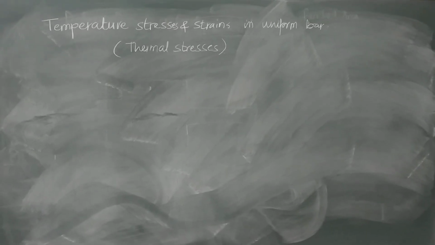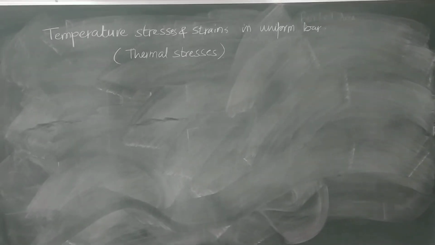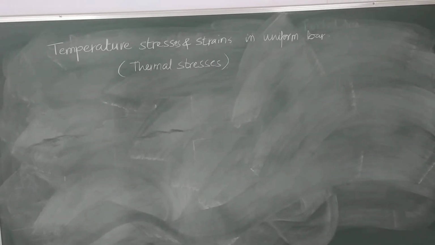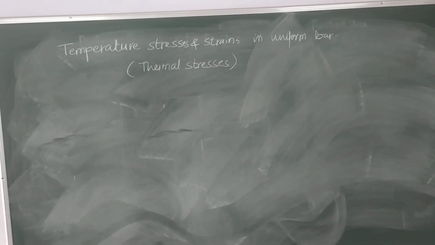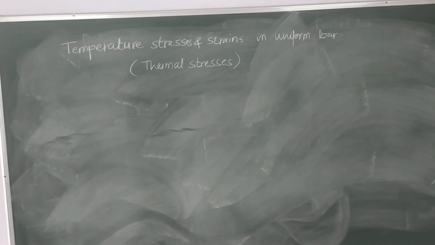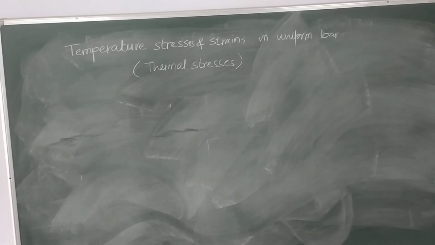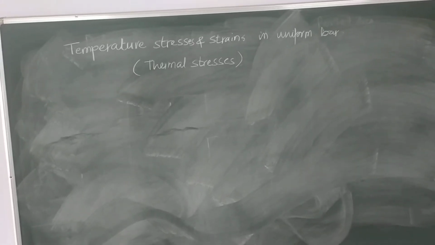Let the body of uniform section and length L be heated through small T degree temperature. The length of body will increase depending on its coefficient of linear expansion alpha. Alpha is expressed in per degree centigrade.